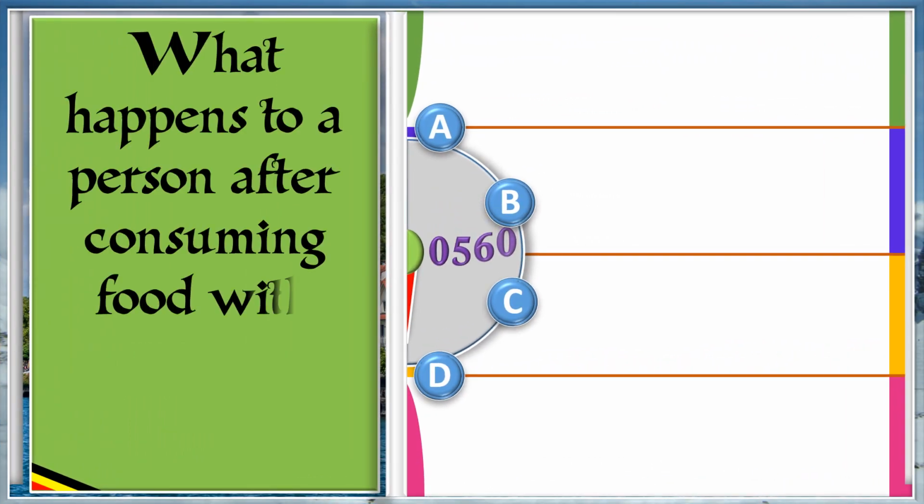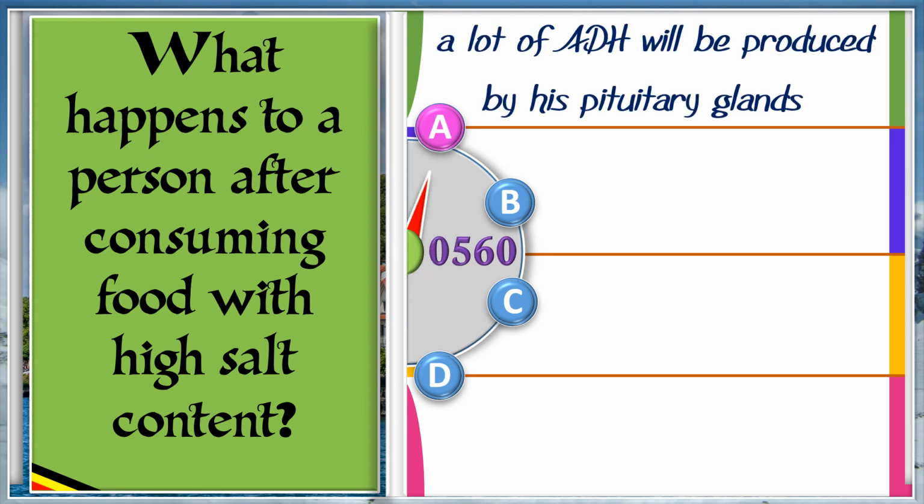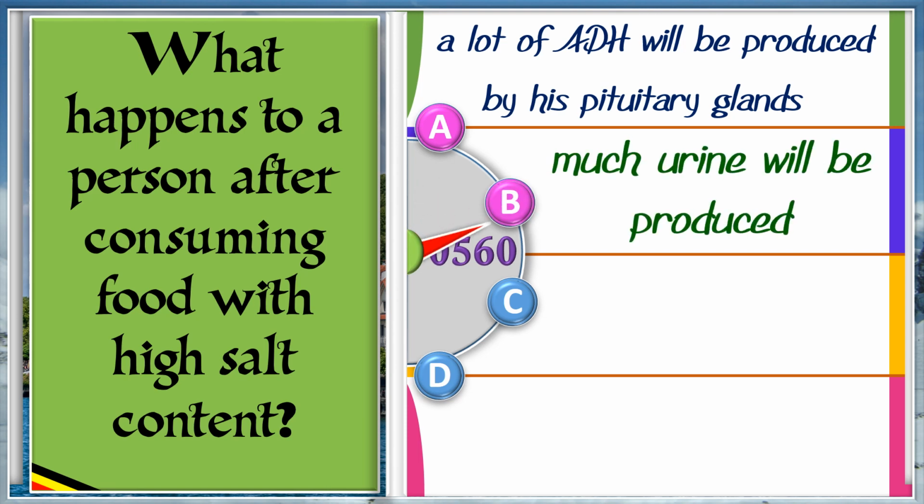What happens to a person after consuming food with high salt content? A. A lot of antidiuretic hormone, ADH, will be produced by his pituitary glands. B. Much urine will be produced.